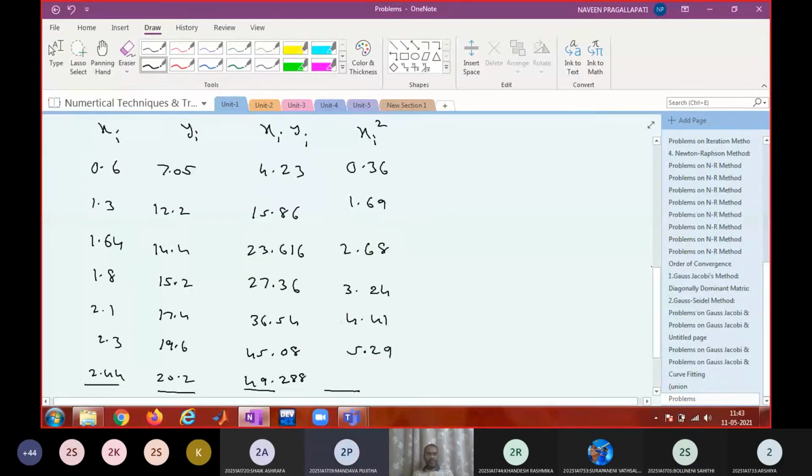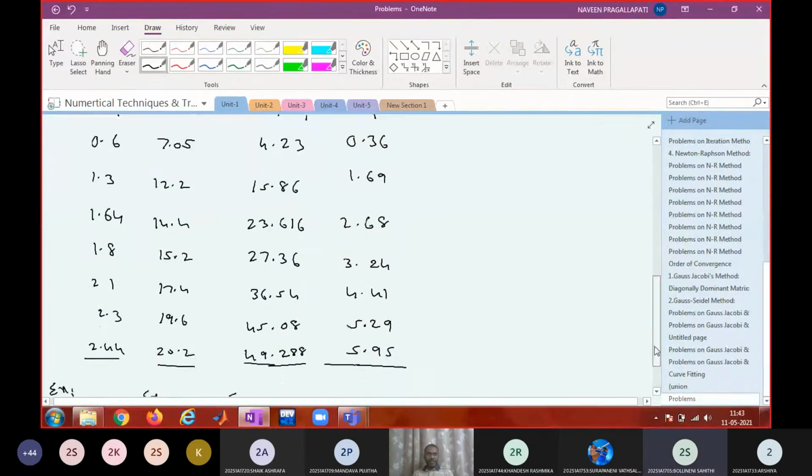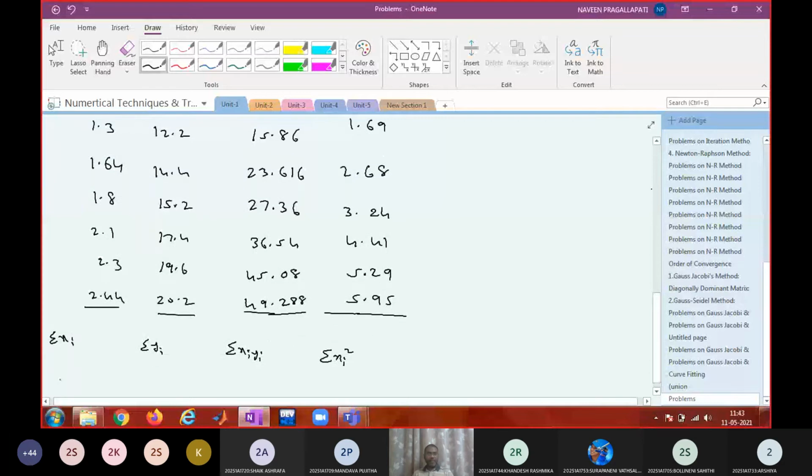Next, 2.44 square is 5.9536. No, you have to tell all the decimals.